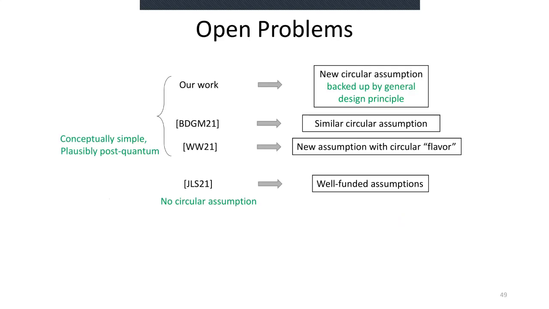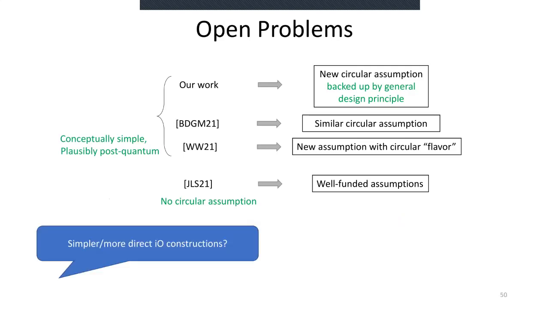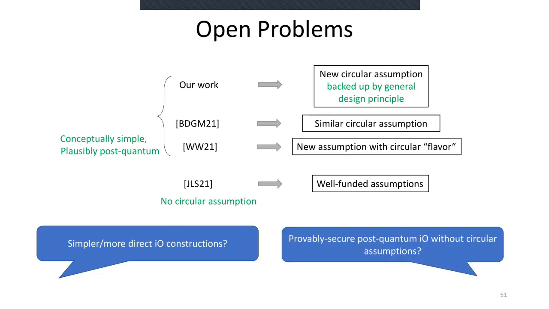So naturally, we want the best of both worlds. First, we would like a simpler and more direct IO construction, even simpler than these works. There's room for improvement. And we may want a provably secure scheme with post-quantum security and without circular assumptions. That would be great. So that concludes my talk. Thank you for your attention.